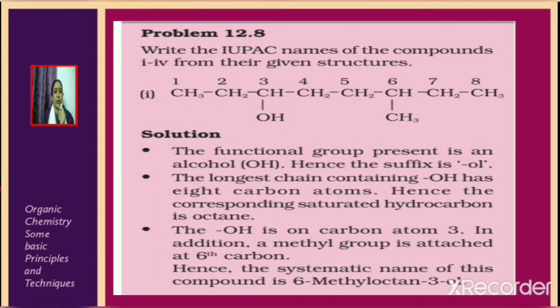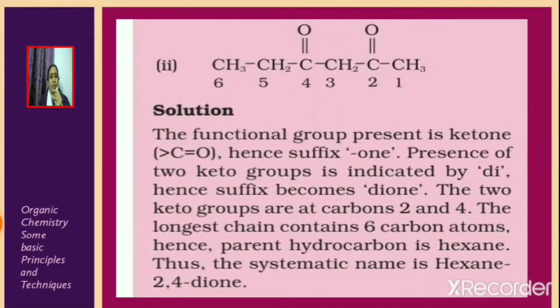The longest hydrocarbon chain has 8 carbon atoms, so the compound should be named as octanol, and OH is attached to the 3rd carbon. Therefore, the IUPAC name of the compound is 6-methyloctan-3-ol.